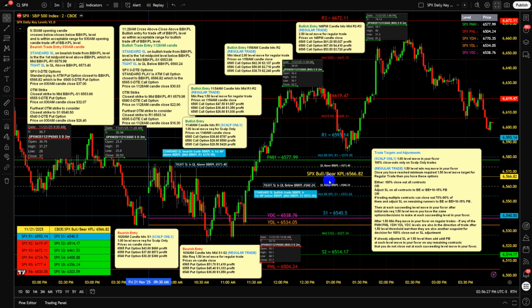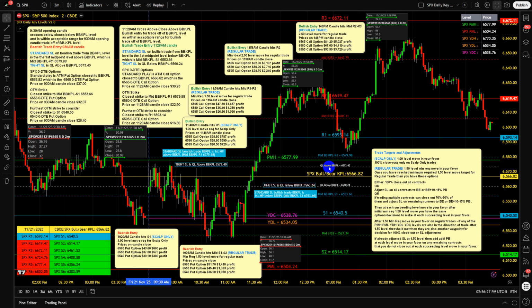You'll also see these midpoint levels here above and below the bull bear key price level, the QL and also the QL levels above and below. The QL above and below are your tight stop losses on either a bullish trade. So on a bullish trade, the QL below would be your tight stop loss on a bullish trade from the bull bear KPL.